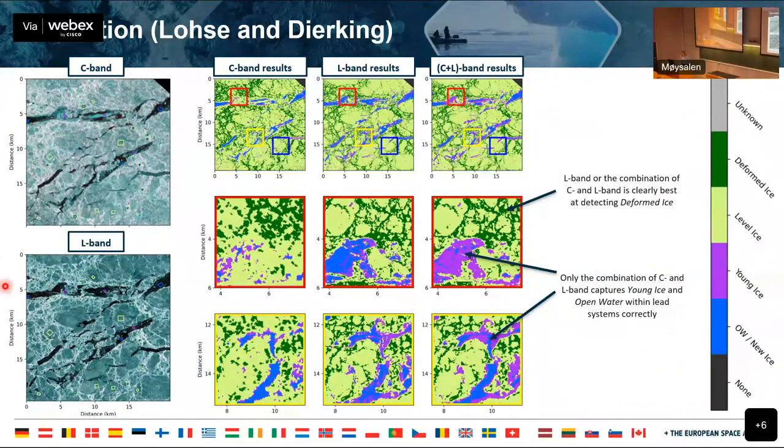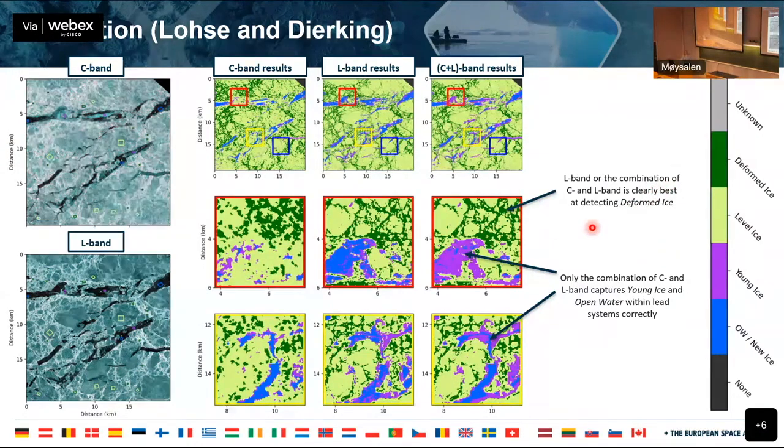On the left we see a C band and an L band image, and even if you know nothing about SAR, you can see they look slightly different, so they contribute different information. Here first we have a classification using just the C band, then in the middle L band, and then the combination of the two.